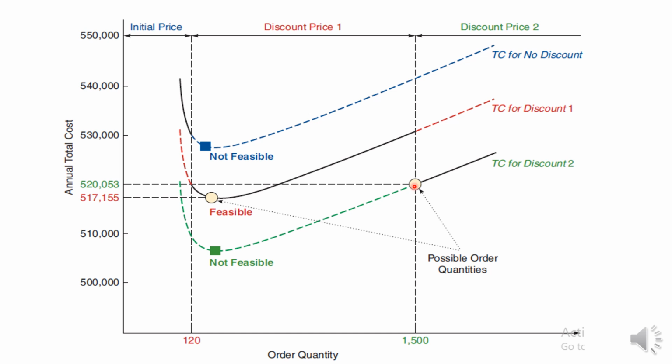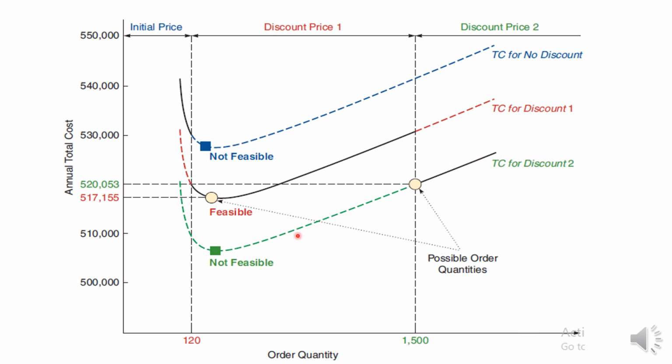So what we do, first we try to find the feasible point where there is the least cost in any of the discount prices. So how do we get it? We need to find the EOQ first of the maximum discount we are getting, the price of the maximum discount.